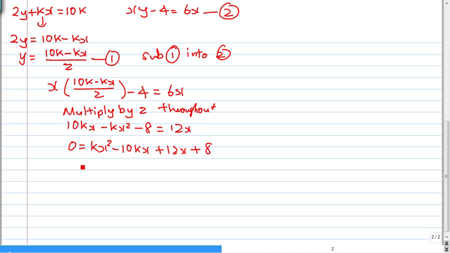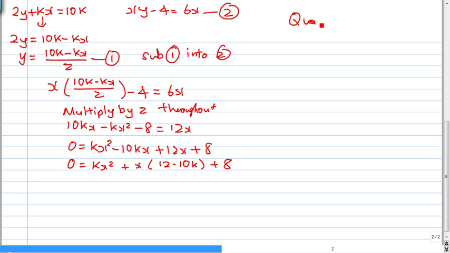Okay, now can I rearrange it? 0 equals kx squared. Now look at these two terms. You know that x is a common factor, so shall I extract x, and I'll get x times (12 minus 10k) plus 8. Okay, does this look like a quadratic equation in the form of ax squared?